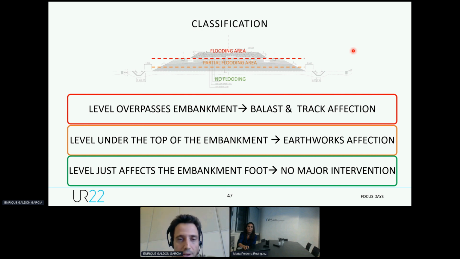And finally, beneath that you don't have any major intervention to be done, and then the traffic can go without any interruption during all the process.